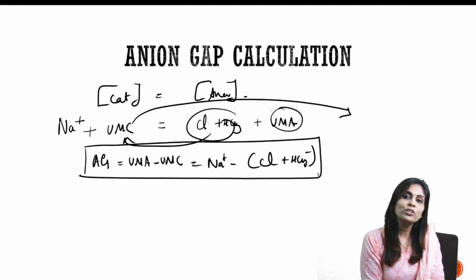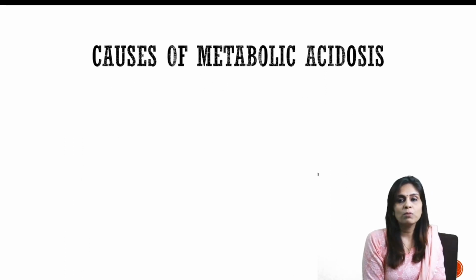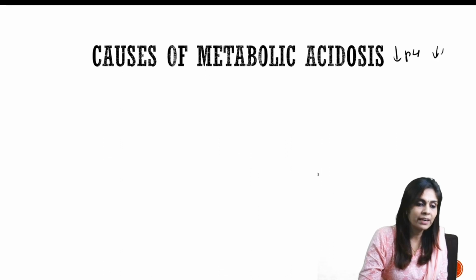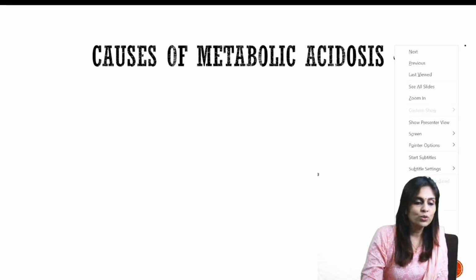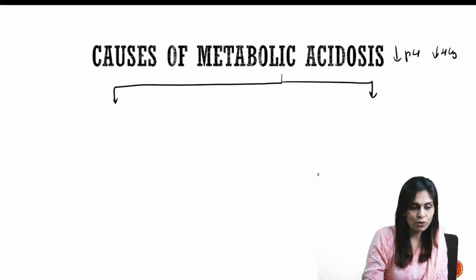Now what are we going to use this formula for? To identify causes of metabolic acidosis, because metabolic acidosis is nothing but a reduction in pH that is caused by a reduction in bicarbonate. So this can be caused by two categories of causes.